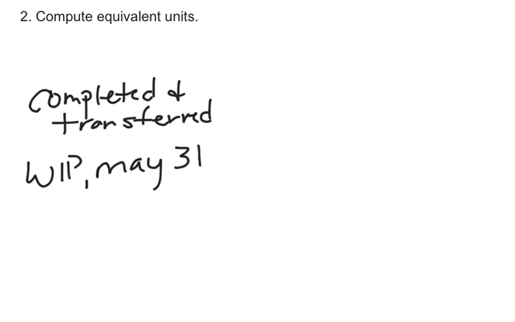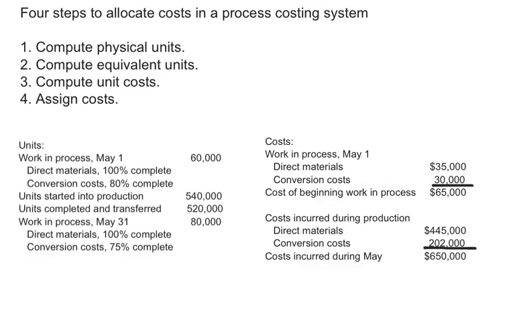All right, so let's go back to our data for a minute and look. Well, our completed and transferred. Since this is weighted average, we're assuming that all the materials were applied to it and all the conversion, because it's done. But our ending work in process, we know that for materials 100% was complete, but only 75% was complete for conversion.